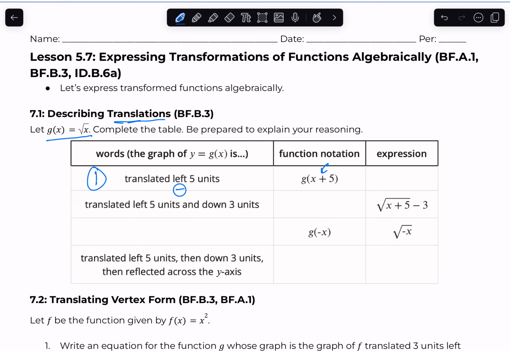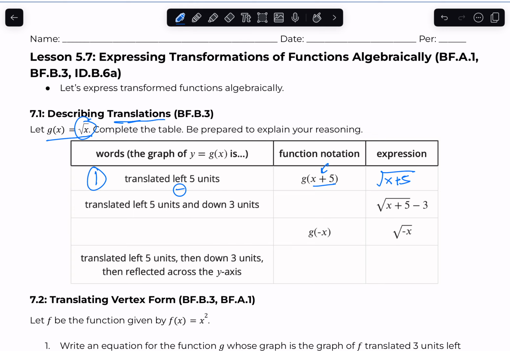Well, we know g of x is the square root of x, so instead of having x inside the square root, we're going to have x plus 5 in the square root. So it's saying replace x with x plus 5, and then replace that in our expression.